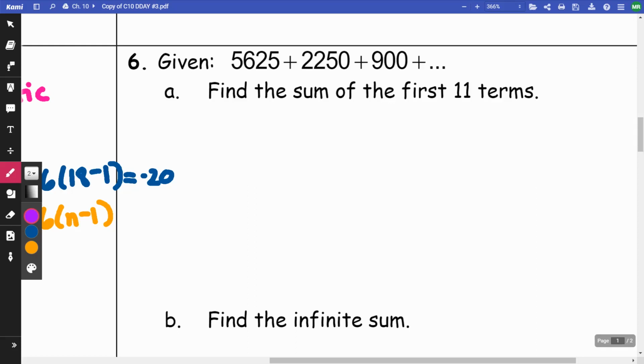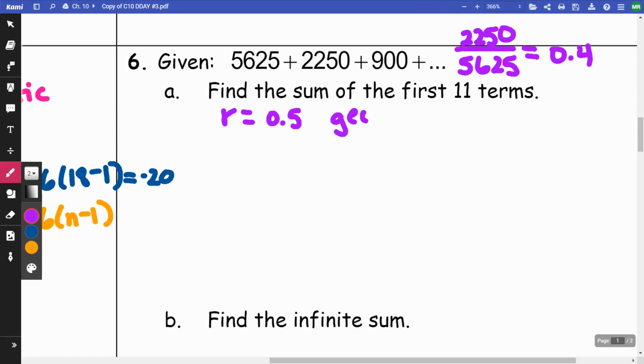So I am going to figure out 2,250 divided by 5,625. If I take my second divided by the first, I'll see what I'm multiplying by. So 2,250 divided by 5,625, I end up with 0.4. That is going to be my R. So my R is going to be 0.4.